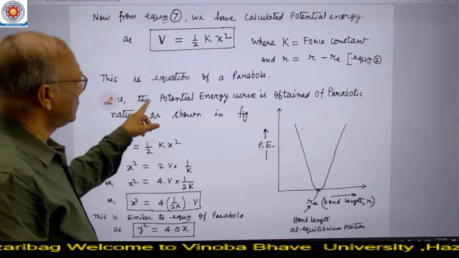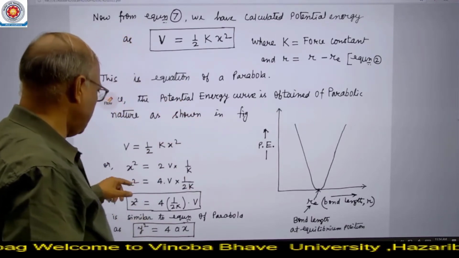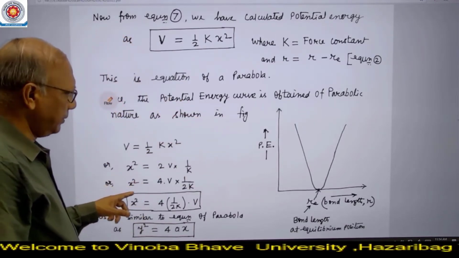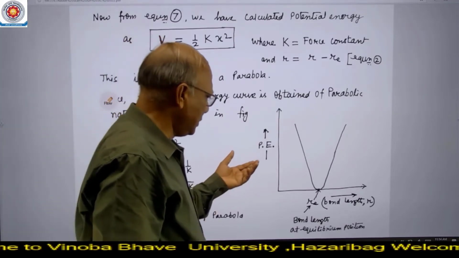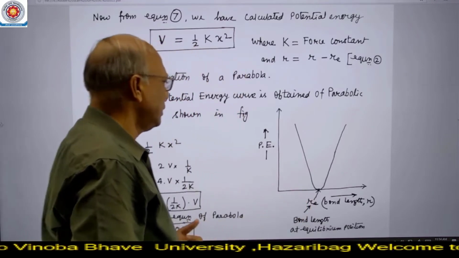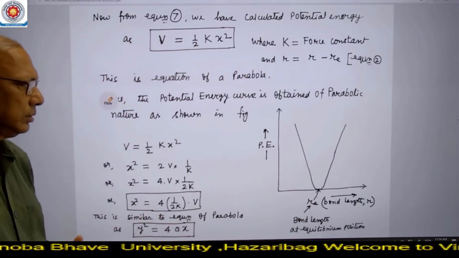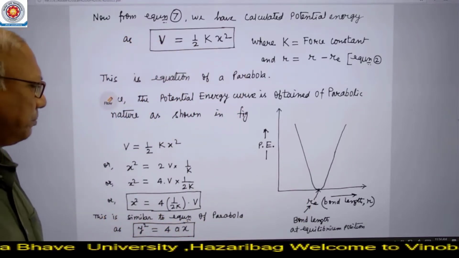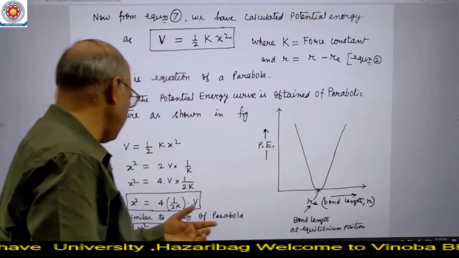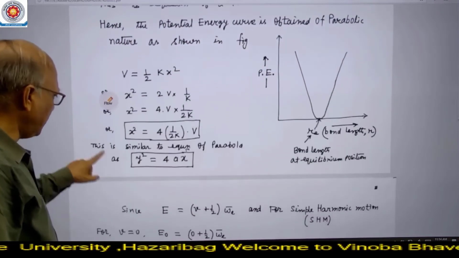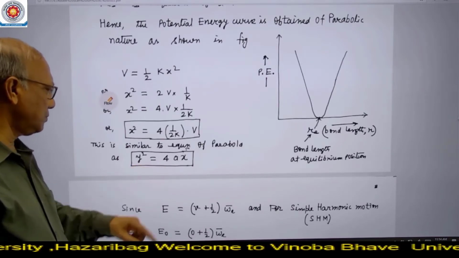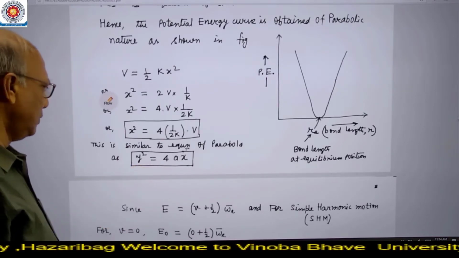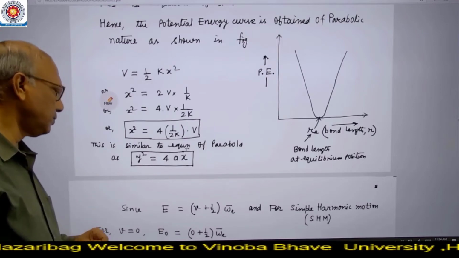That is, this is a parabola equation, and when a graph is plotted between potential energy and the bond length, then the form of the curve will be like a parabola, like this picture. The equation of a parabola can be represented by y square is equal to 4ax, or x square is equal to 4ay.